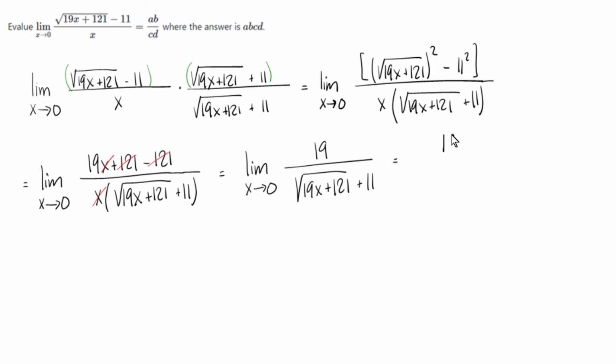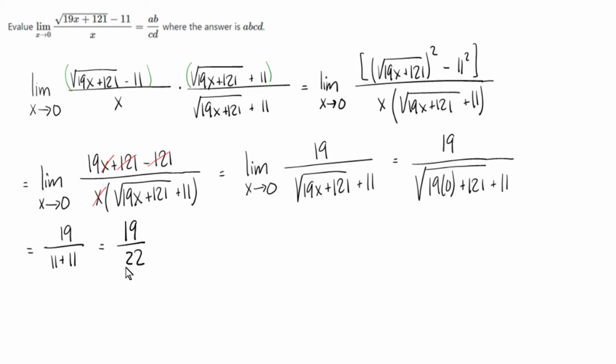So it's going to be 19 over the square root of 19 times 0 plus 121 plus 11. So 19 times 0 is 0, so we're just left with a radicand of 121. The square root of 121 is 11. So we have 19 over 11 plus 11, and this equals 19 over 22.